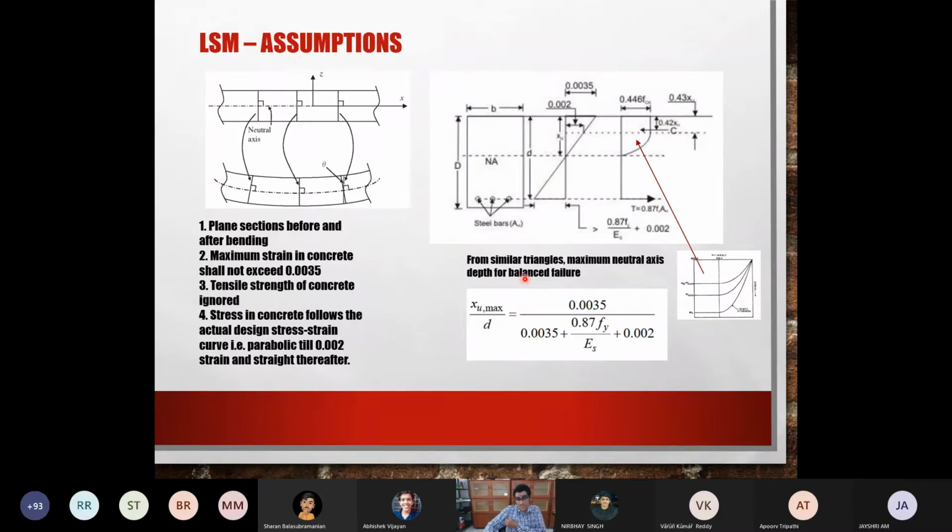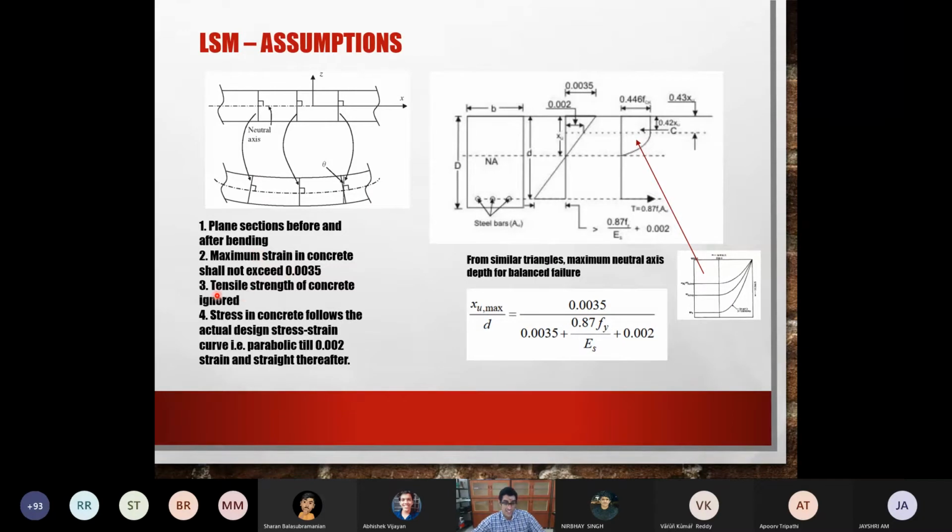So in the limit state method, you have similar assumptions as in the working stress method. Plane sections remain plane before and after bending, and as you know from the material properties of concrete, the concrete crushing strain in bending compression is 0.0035.